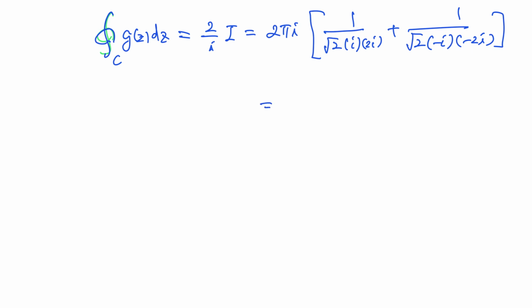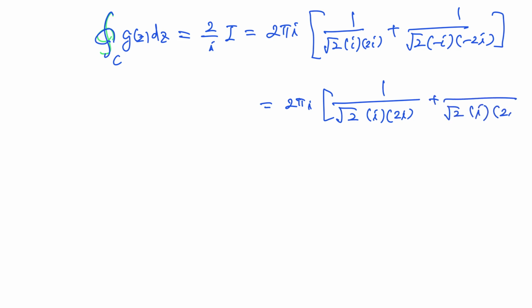So this is 2 pi I times square root of 2I 2I, because the second term we have two minus signs, so they become positive.